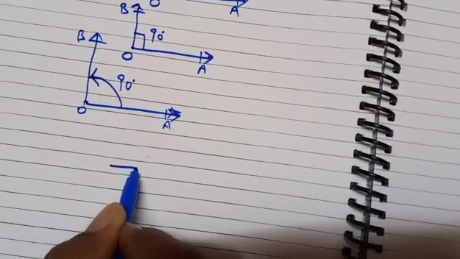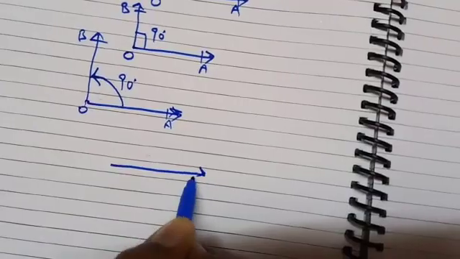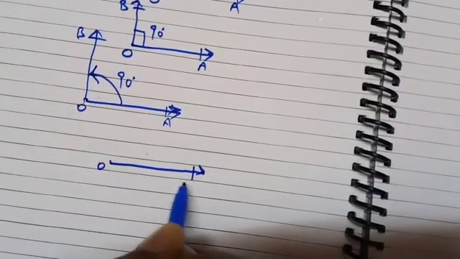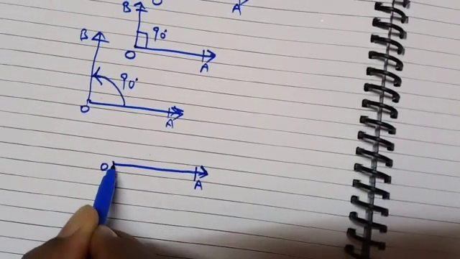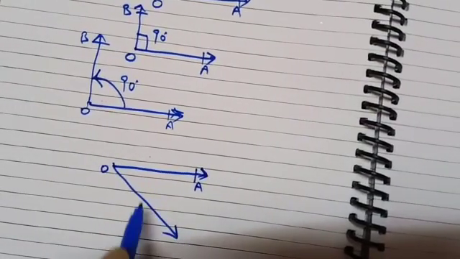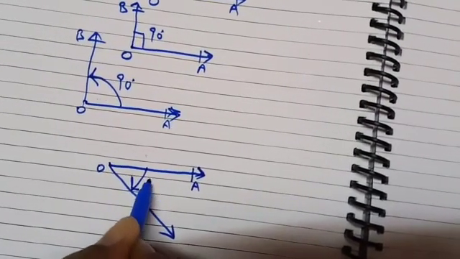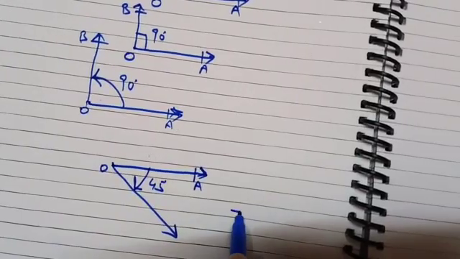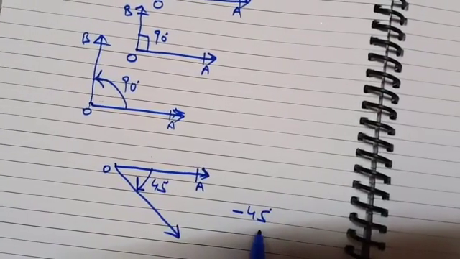Suppose this is the initial line. I'm telling you some other thing. This is O and this is A. This is the initial line, and suppose we are moving clockwise here, then we can say that this is a minus 45 degree angle.